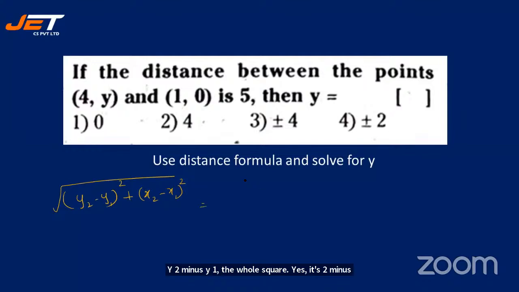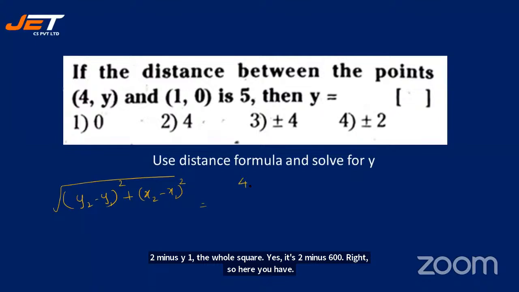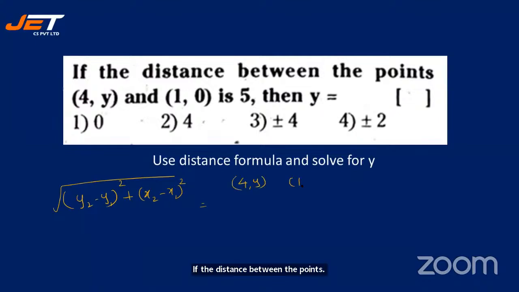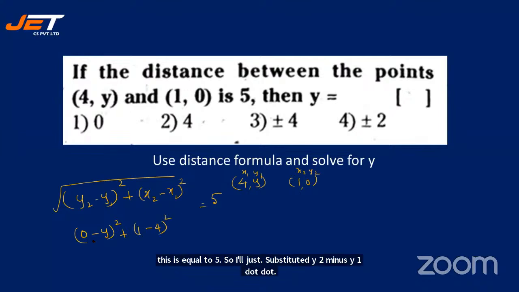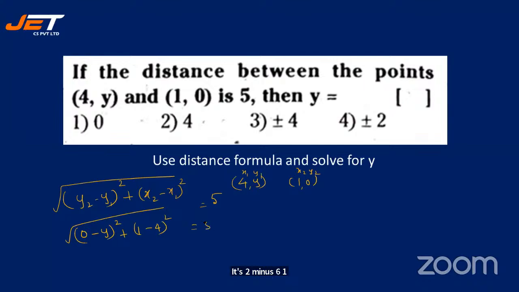Right? So here you have the distance between the points (4, y) and (1, 0). So x1, y1, x2, y2. So this is equal to 5. So now just substitute it: (y2 minus y1) the whole square plus (x2 minus x1) the whole square is equal to 5.